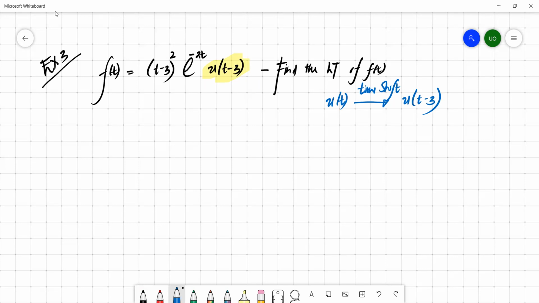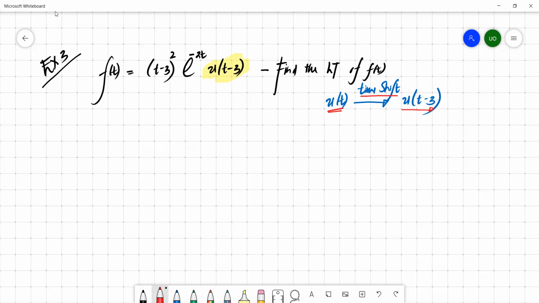Looking at the pattern of this expression, you can identify that a time shift is involved. Initially the root function may have the unit step u(t), but with the time shift it converted to u(t minus 3).